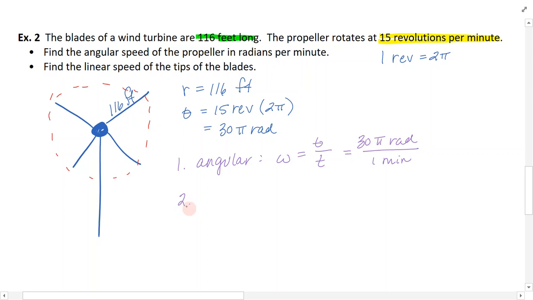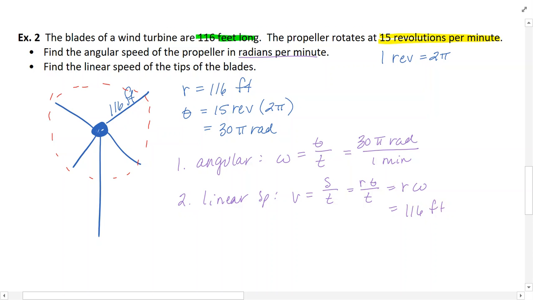Now, the linear speed that we're looking for has to do with the velocity. We've said that velocity was equal to arc length over time. We also defined arc length as r theta over time, or in other words, theta over time would just be r times omega, right? We went through that whole substitution. Well, if that's the case, then I know r was defined as 116 feet.